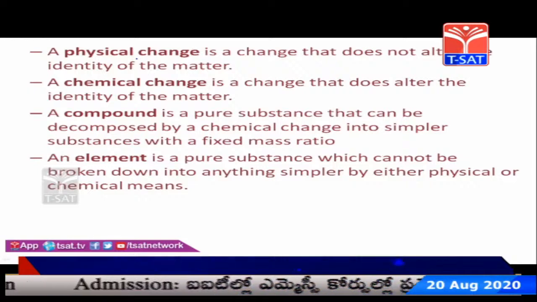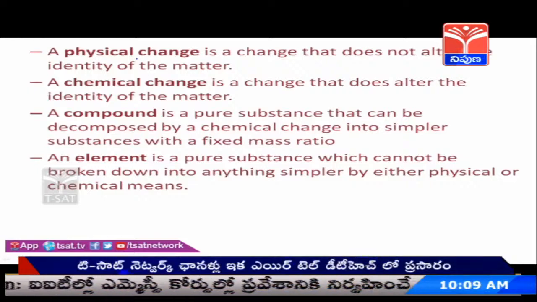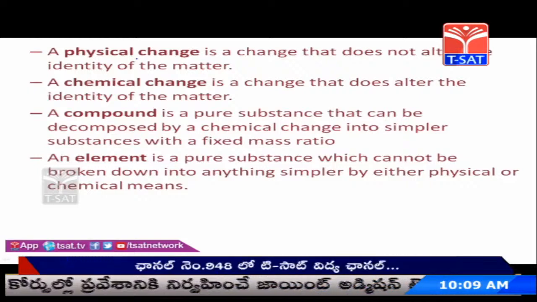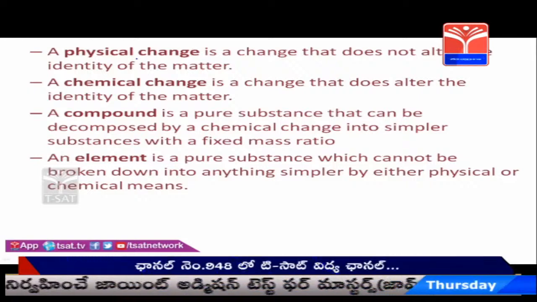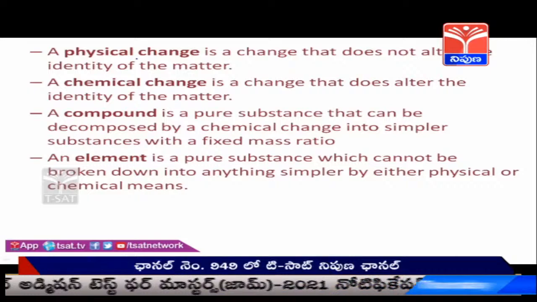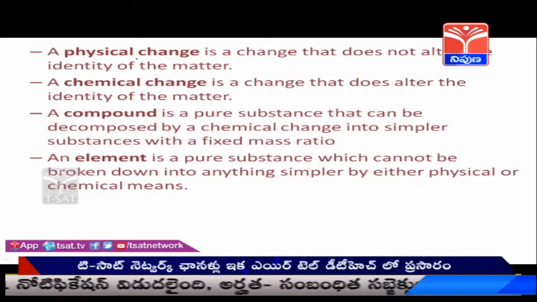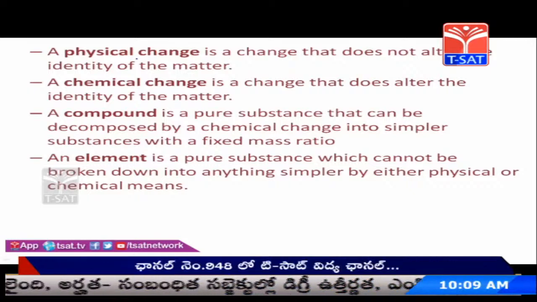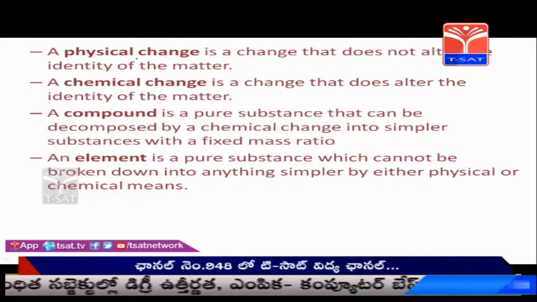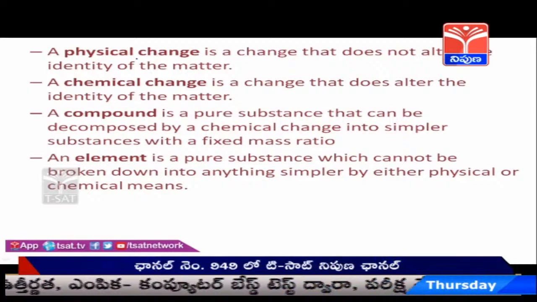The best example is ice. When you heat ice, it will convert into water. So, it is called liquefaction. When the water vapor condenses into water, it is also a physical change.